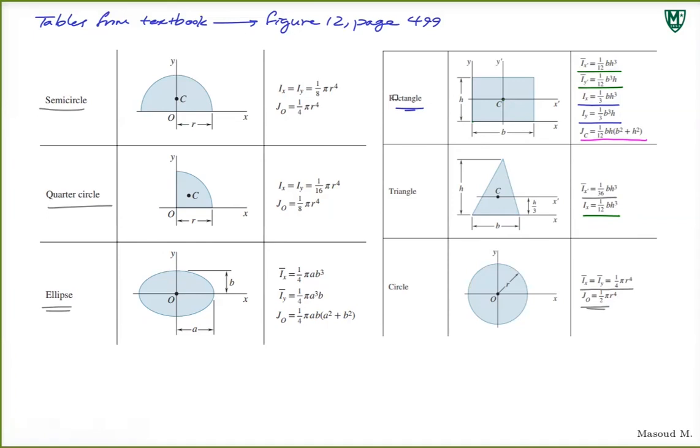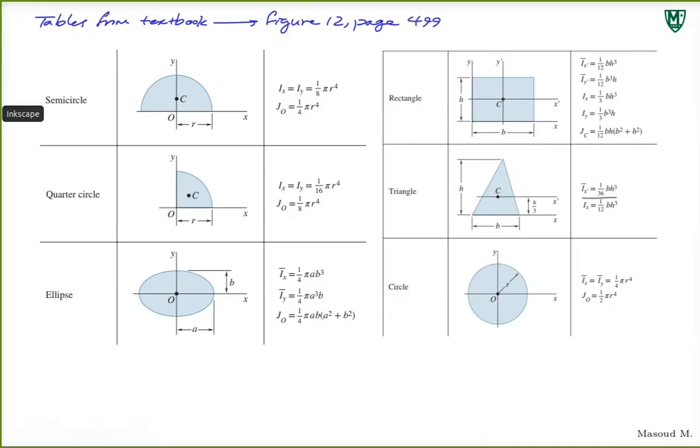All right. Now, similar to finding the centroid of an area, you can form the shape of a composite area by adding two of these together or by subtracting two of these, right? It depends on what the area is.